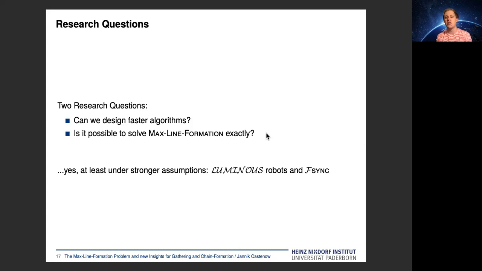So if we consider luminous robots and the fully synchronous time model, this is possible. Luminous means robots are not completely oblivious and silent anymore, but they gain locally visible memory. So each robot has a light with a certain number of colors, usually bounded by a constant.